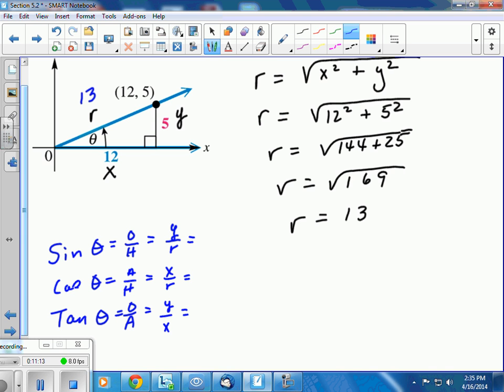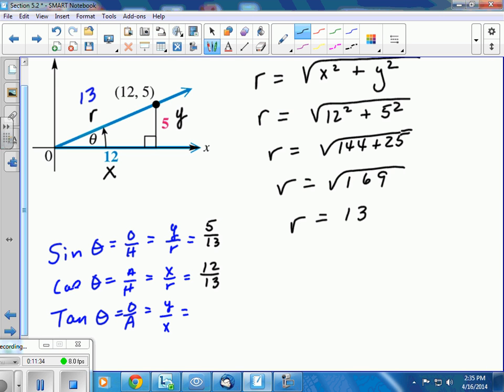So y is 5, r is 13. The cosine of the angle, therefore, is x, which is 12, over the hypotenuse, r, which is 13. And the tangent, of course, is the side opposite over the adjacent.